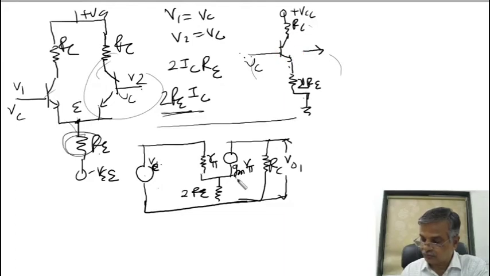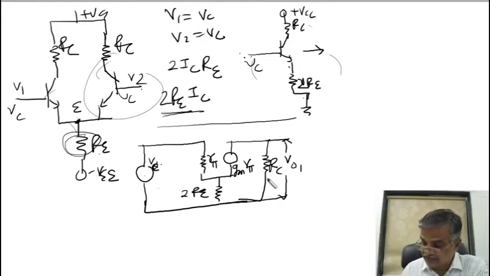How much current is it supplying? Gm into V pi. Gm is current upon voltage, so current upon voltage into voltage. The voltage will cancel, leaving the current. So this is able to supply this much current. This is your RC, and you take the output voltage at this point, VO1.